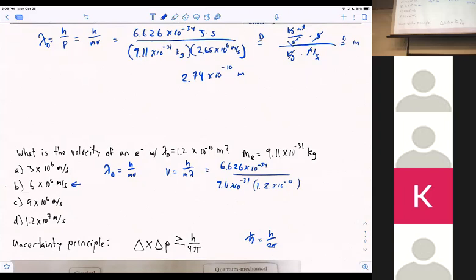You do 6.626, E minus 30, it's over X, and then there's one. So then it's second E.